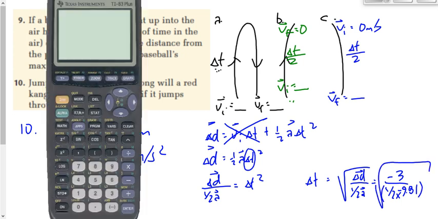What am I going to get first here? Yeah, I get the bottom first. So let's say 0.5 times -9.81. There's the bottom. Then let's say -3 divided by that. There's what's inside the square root. And then let's square root that. We get a time of 0.782 seconds.